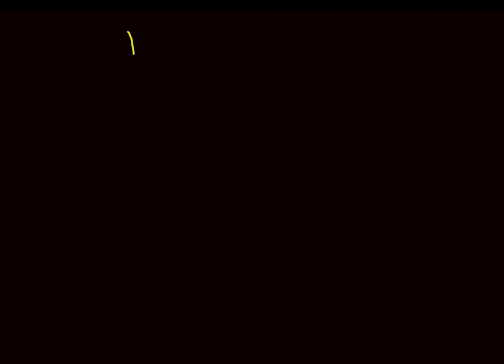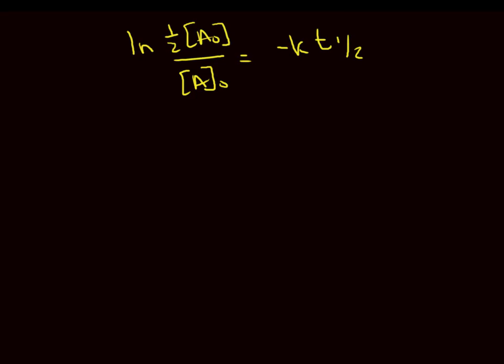And let's make sure that we put our 1/2 there. On our last slide I forgot to do that, but this is critical for our work. You'll notice that we can go ahead and cancel out A naught, yielding the natural log of 0.5 is equal to minus k t 1/2.